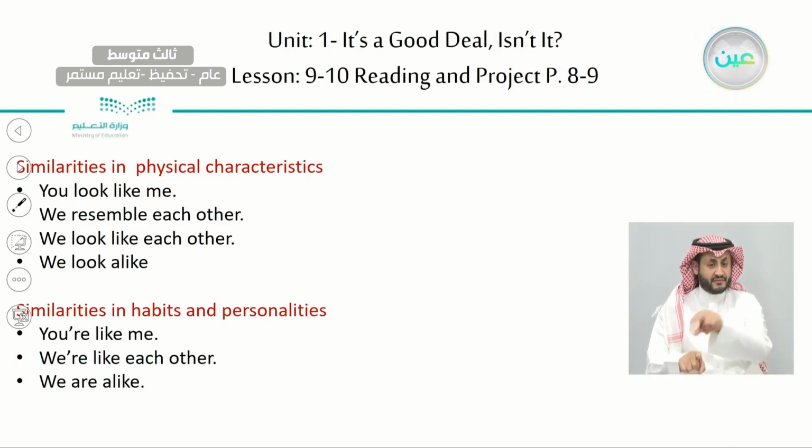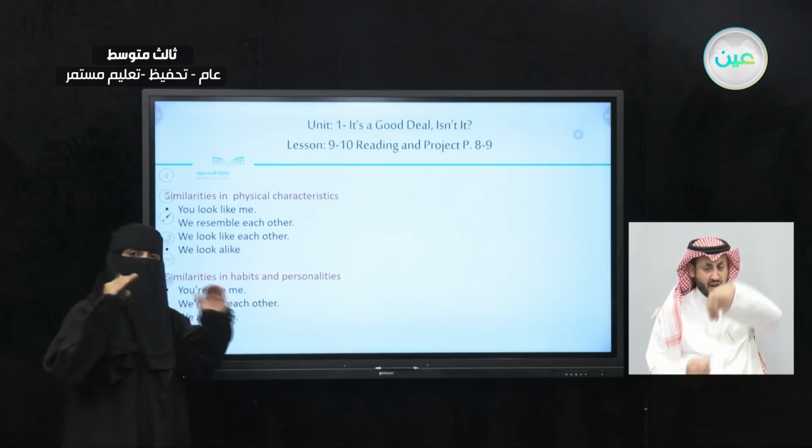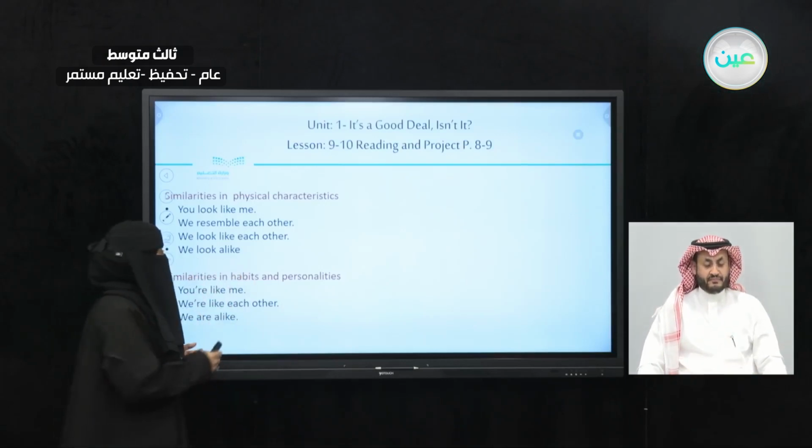This is an expression you use. We resemble each other. We look like each other. For example, my sister and I, we look like each other. We have similar hair, similar height. So you describe how you look physically the same.